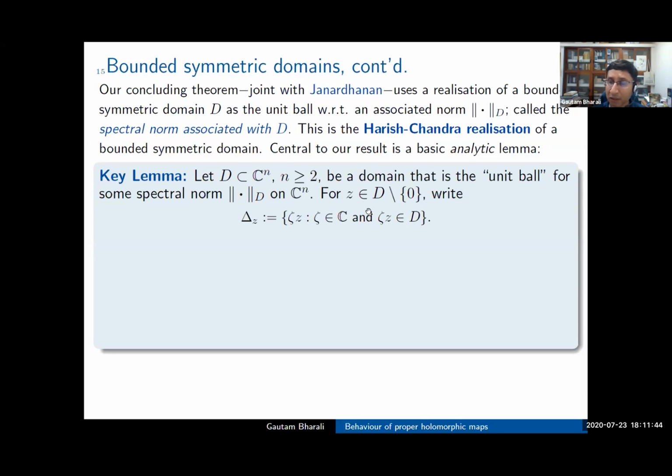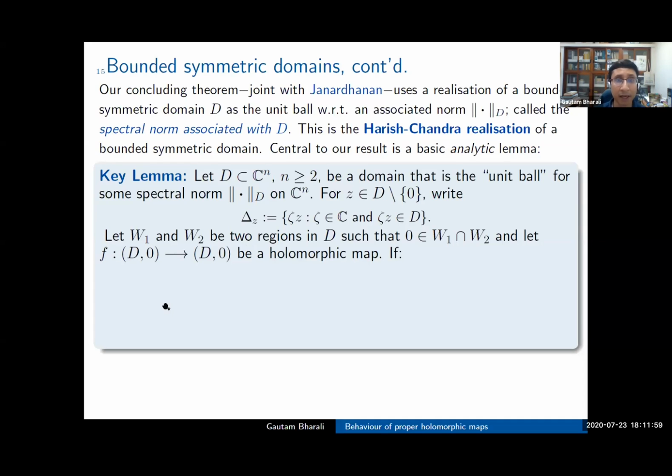Now, for any non-zero point Z inside of this unit ball, delta sub D is simply the part of the complex line spanned by Z that sits inside D. Now, here's where things get hairy, but don't worry. I'm going to conclude this talk with a picture that illustrates what this is saying.